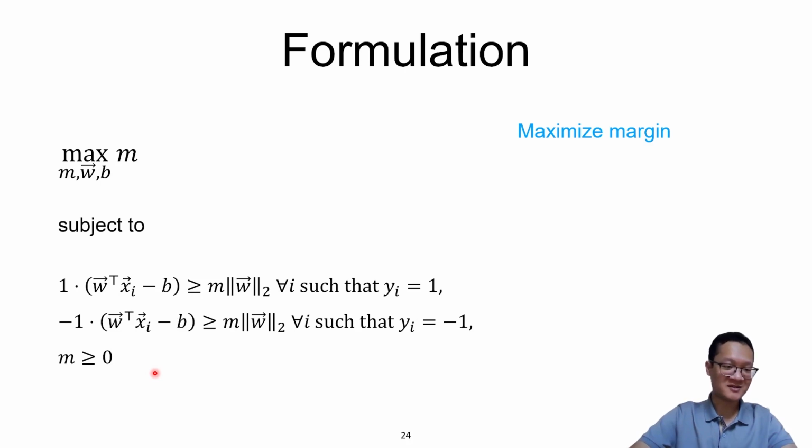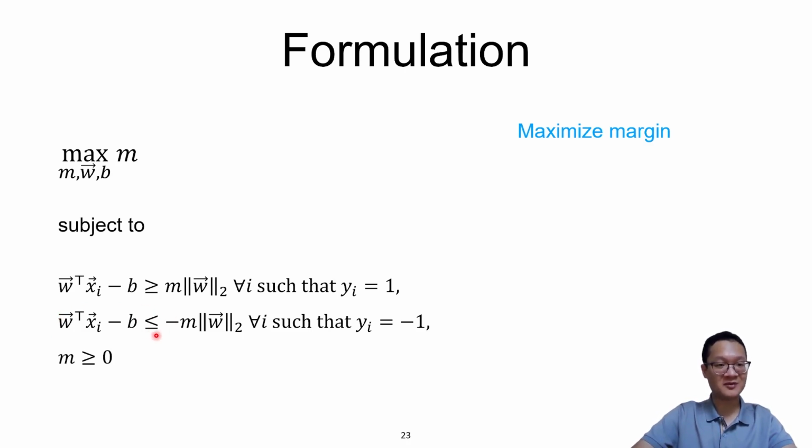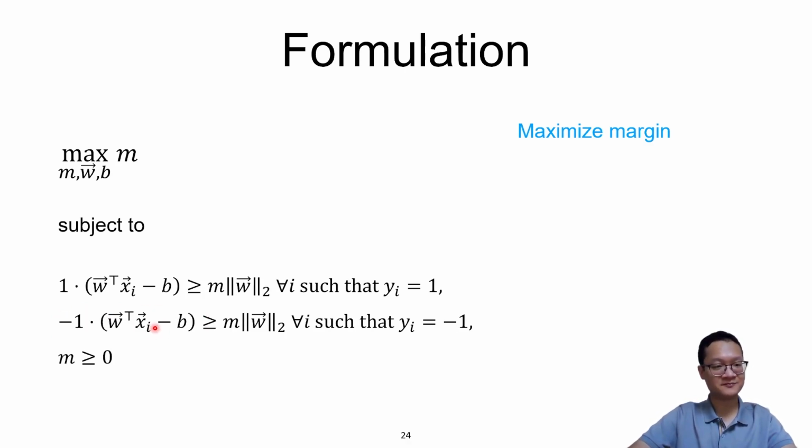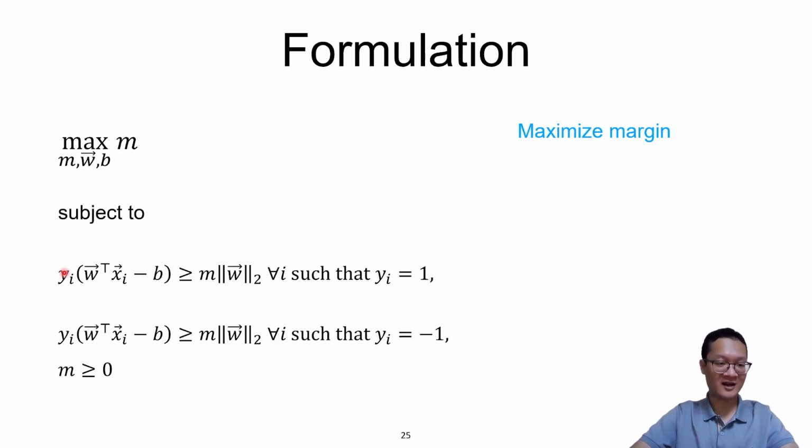Okay, so next we did some trivial things, multiply by 1 and then -1. When we multiply by the -1, we have to remember to flip the inequality as well. By doing this, we can see a yi in front here because the 1 and the -1 in front match the values of yi, so we can now bring in yi instead of the 1 and -1.